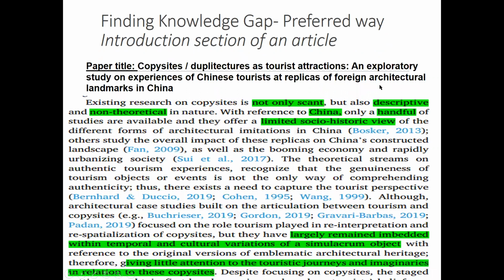So let me give you an example of how you can understand a knowledge gap by reading research papers. When you are reading a research paper, usually the best place to find the knowledge gap is the introduction section.